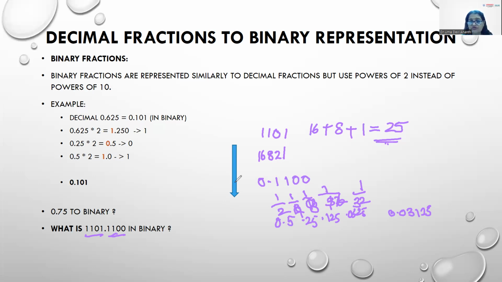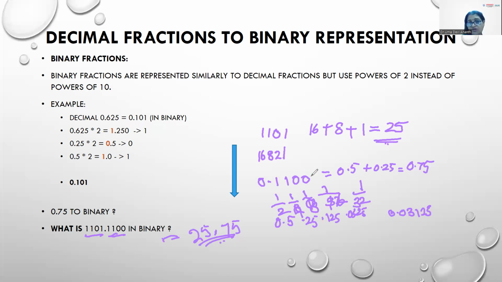That means we have 0.5 plus 0.25. So what is that? 0.75. Now if we convert this binary number into decimal, the value will be 25.75. That is the answer.